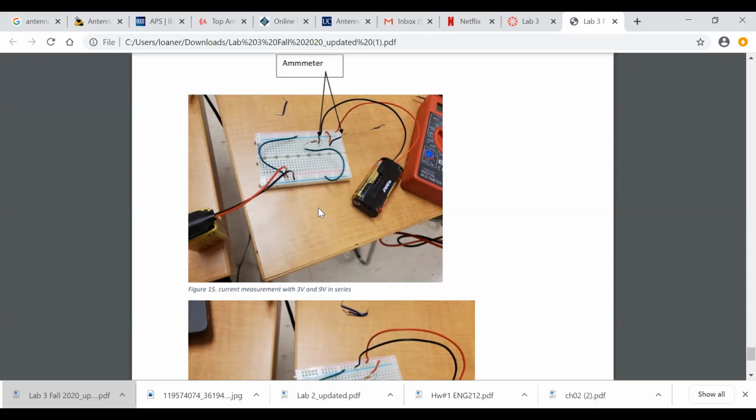Okay, this is the circuit. It's the same as figure 15. But if you want to see the wires, how they are coming out, that's how. Is it good? Yeah, thank you.